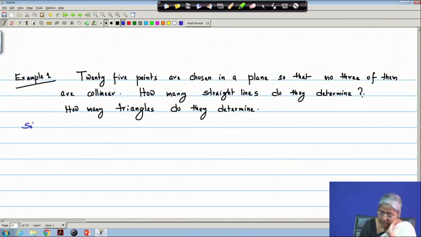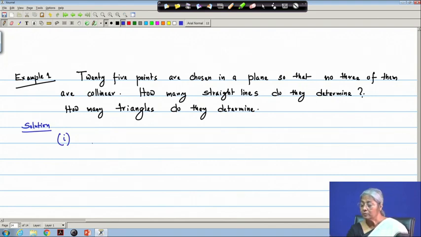I can give the solution. The first one, straight lines. No three of them are collinear, so with each 2 points we can draw a straight line.